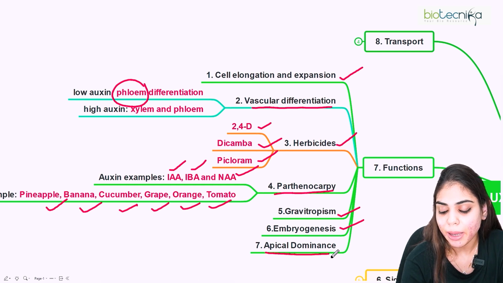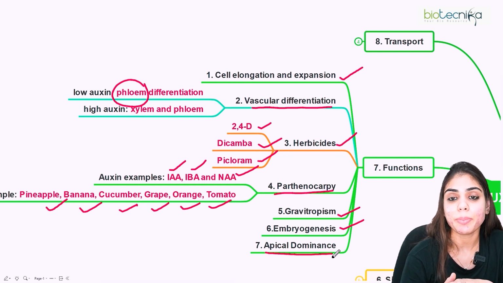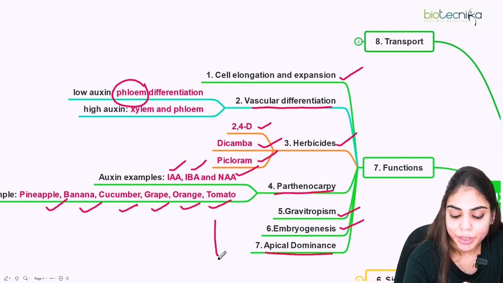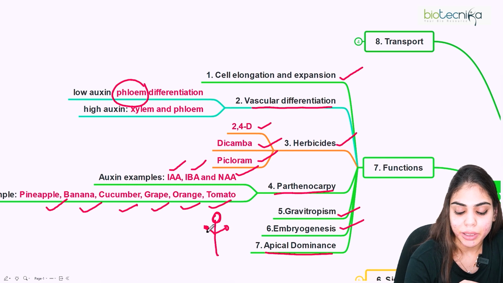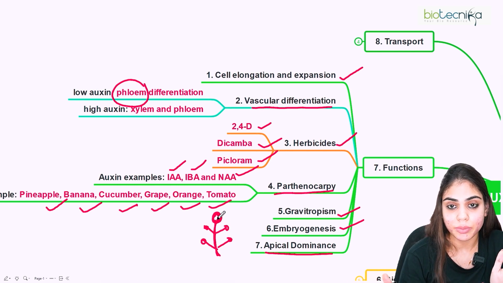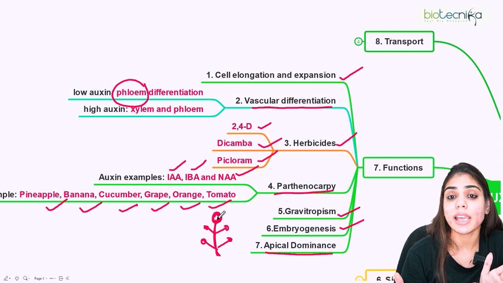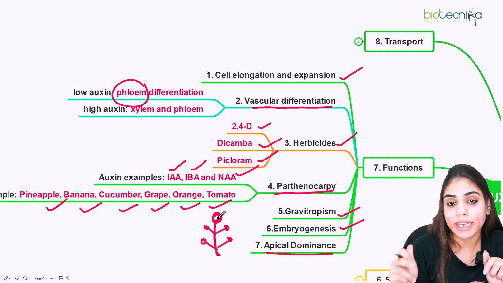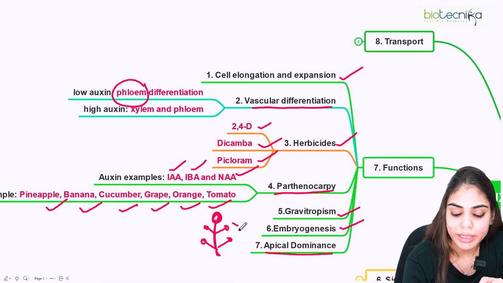And the last being apical dominance. What is this apical dominance? It is a process in which the apical bud of the plant dominates over the lateral buds. It means the central stem of the plant will grow, which will inhibit the sideways growth of the plant. That is why it is called apical dominance, where the apical bud dominates and inhibits the growth of the other lateral buds.